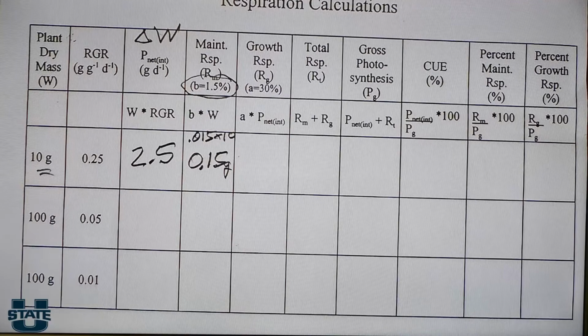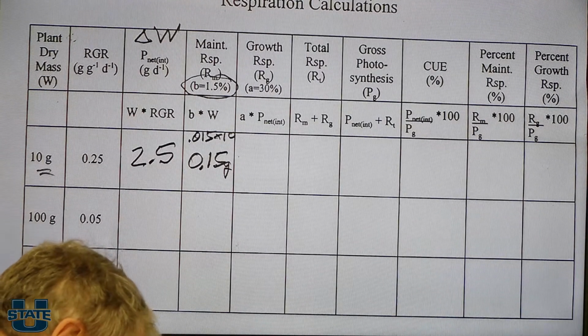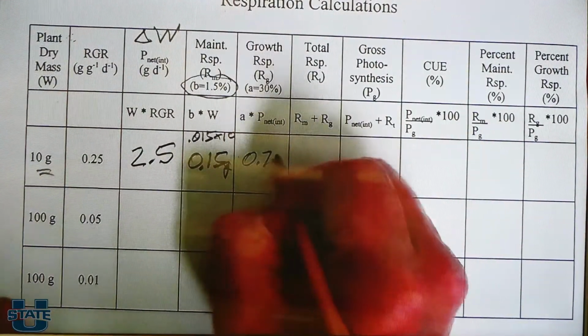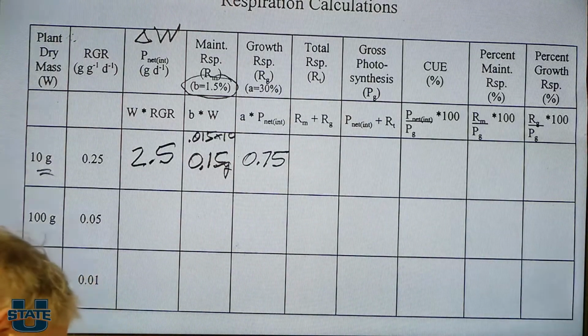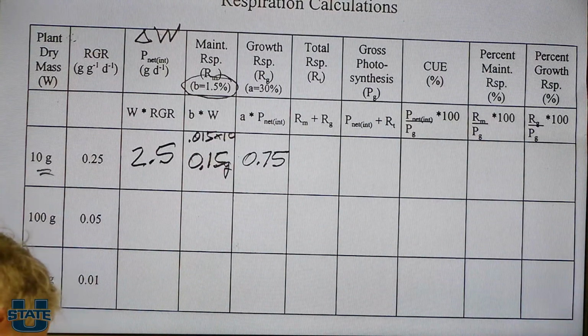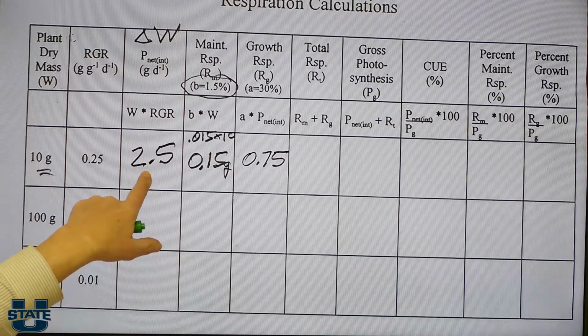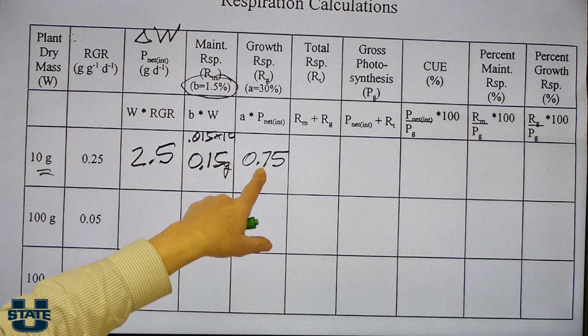And this comes out to be 0.75, because it's a tax on this. So 30% of that number is 0.75.